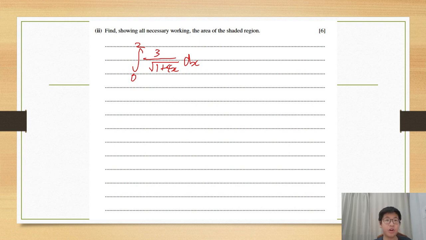And then we calculate, and then we use integration to get 3 times 1 over 2 times 1 over 4 square root of 1 plus 4x, from 2 to 0. And then we use the limits to get, well, first we had to find the coefficients.